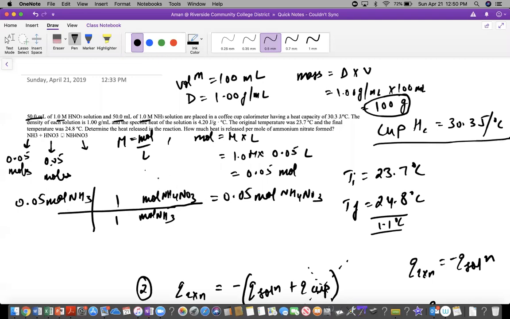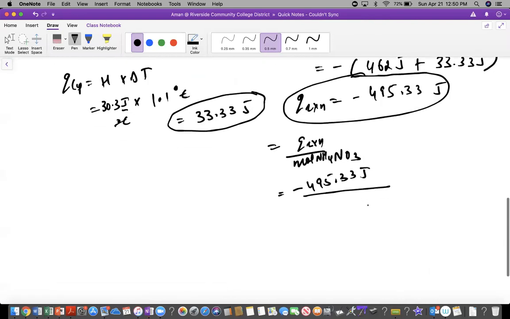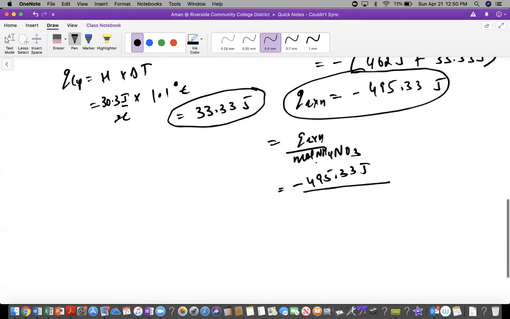At the end, we wanted Q reaction over the moles of NH4NO3, and we figured out it's 0.05 moles. If we divide these two numbers, we should get our final answer: 495.33 divided by 0.05 gives us negative 9906.6 joules per mole.